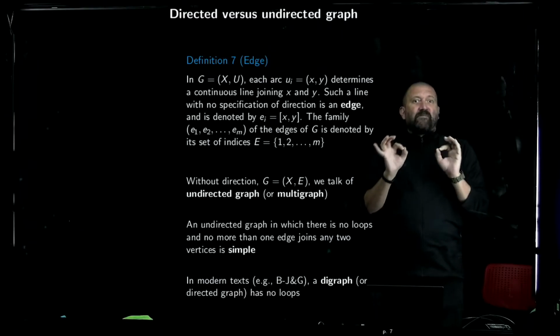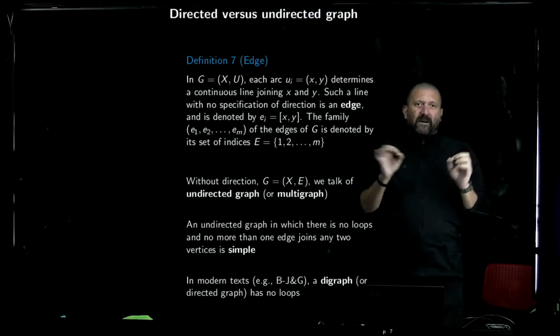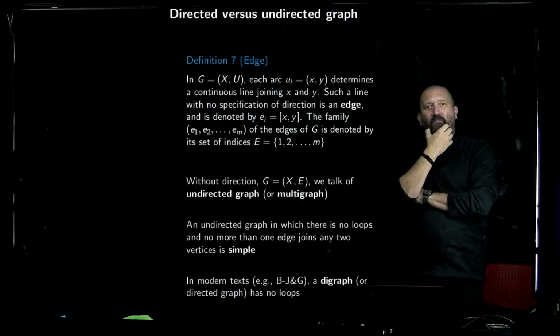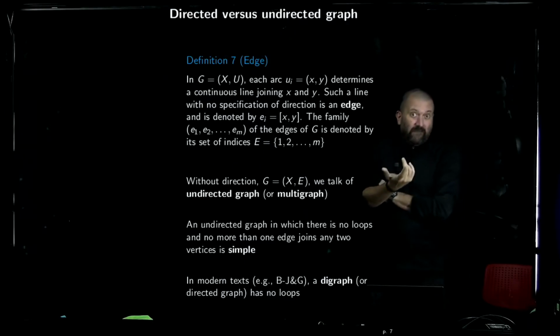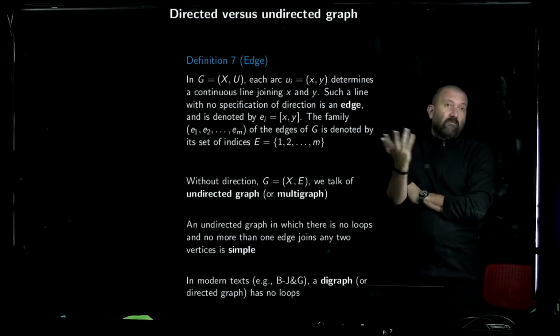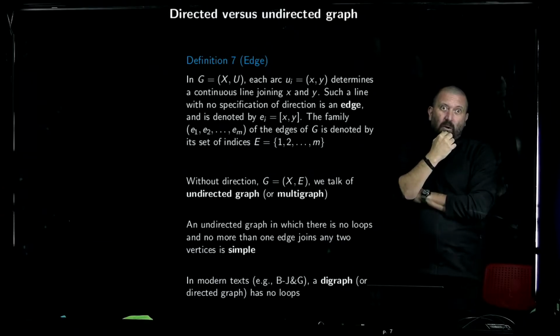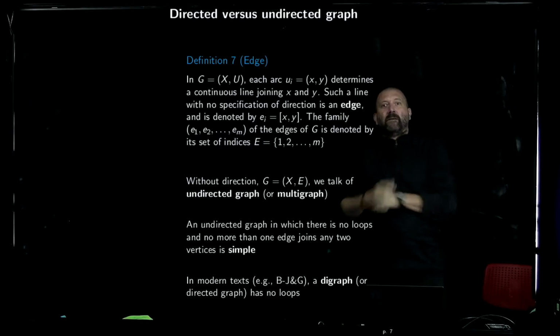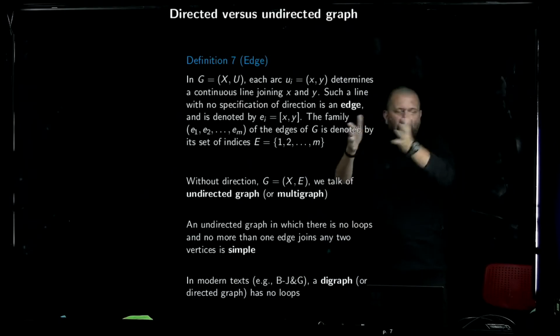If I don't specify the direction of that arc, or if I think of the direction as not being important, then we have what we call an edge. Okay? And so the same way as we've done with arcs, we can refer to edges by their index rather than by their actual nature.